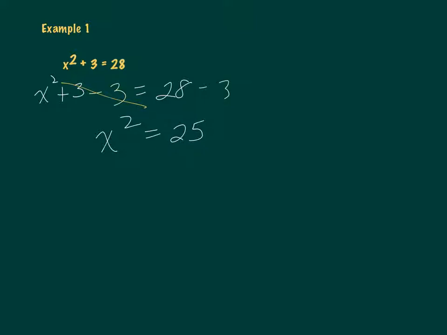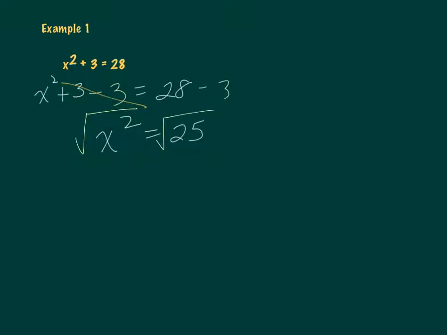Now, nothing new yet. Now we need to get x by itself. The problem with x is that it's not by itself yet. It's being squared. And in order to get rid of the square, this 2 up here, we need to do the opposite of squaring. As we said before, the opposite of squaring is square rooting. So we're going to square root both sides of the equation.